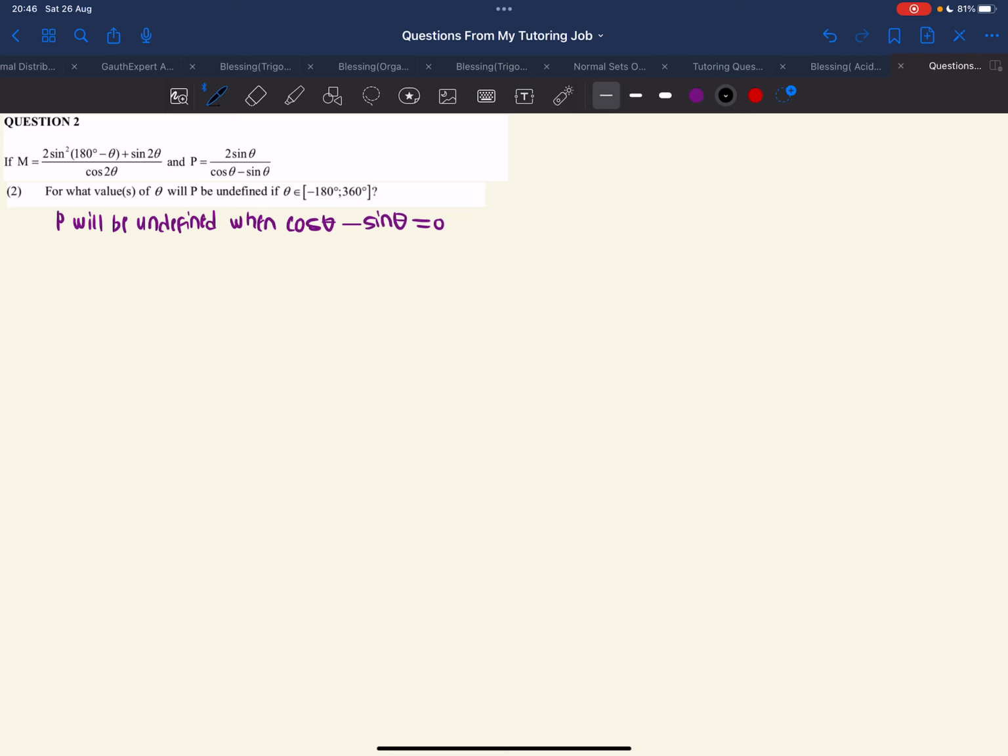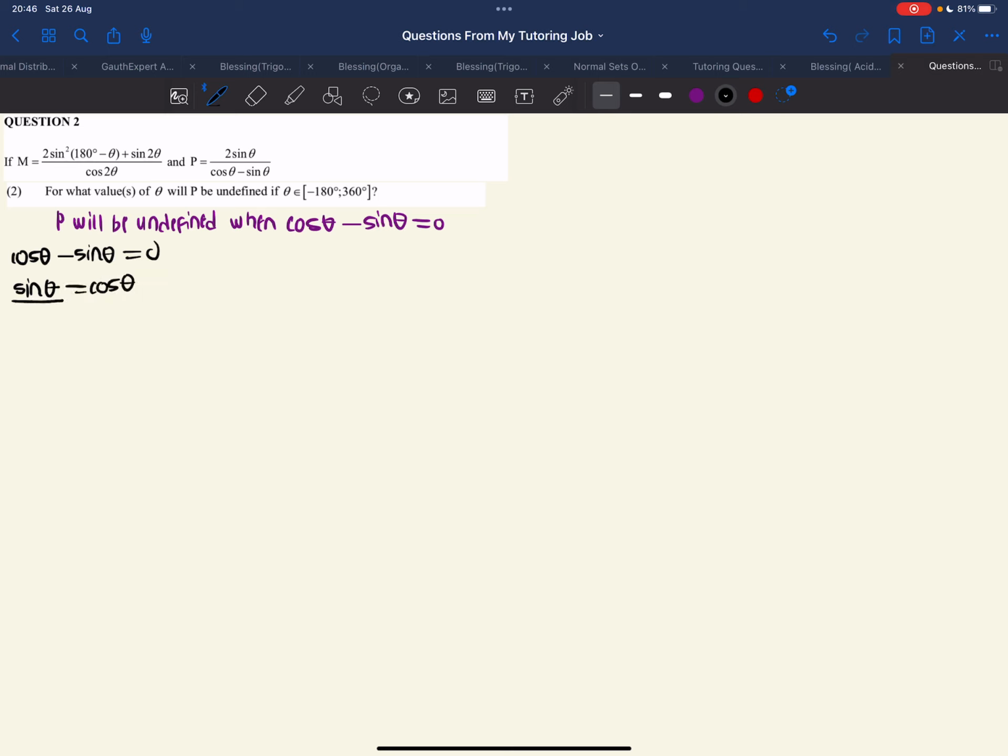Alright, so now we can use that equation. So we're going to say cos theta minus sine theta equals 0. Then we're going to take the sine theta to the other side, which gives us sine theta equals cos theta.